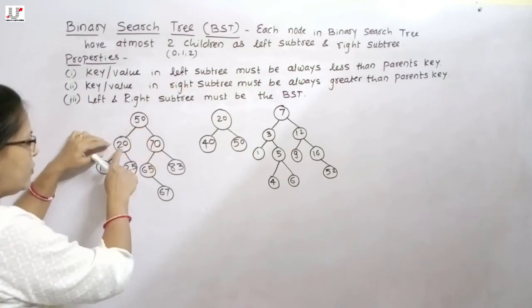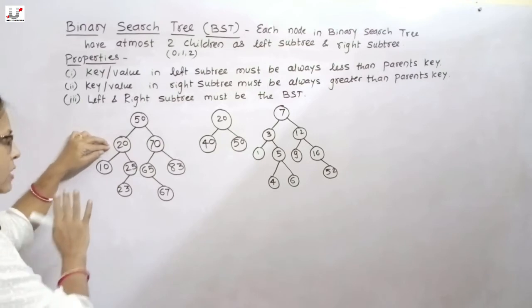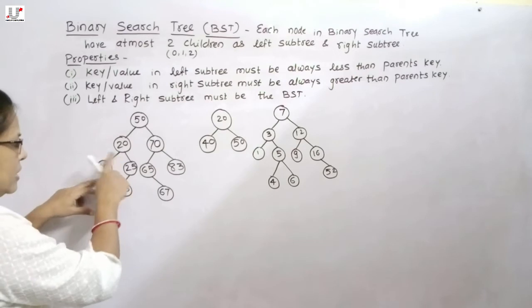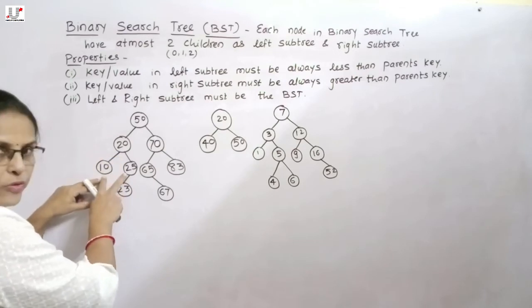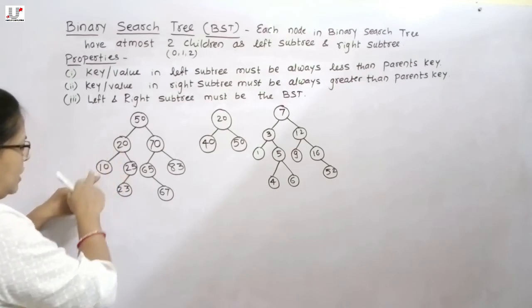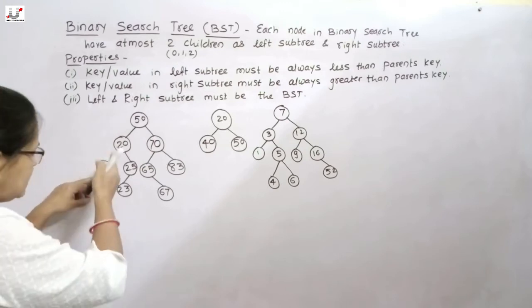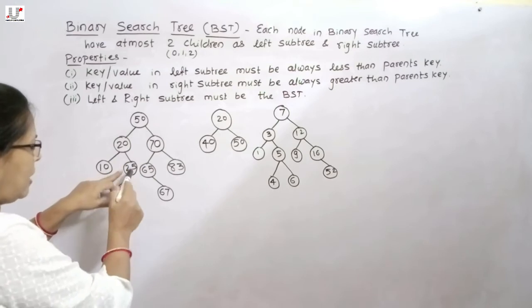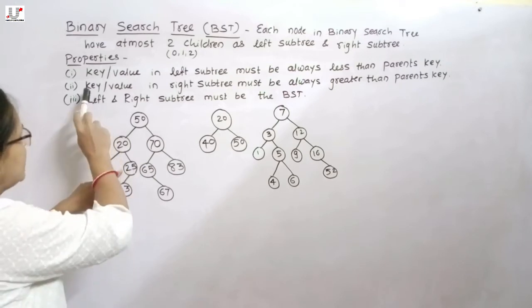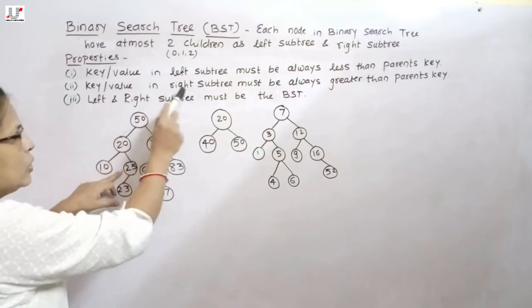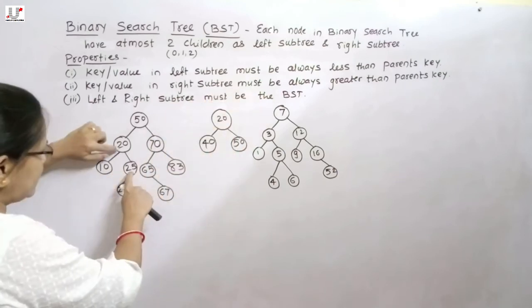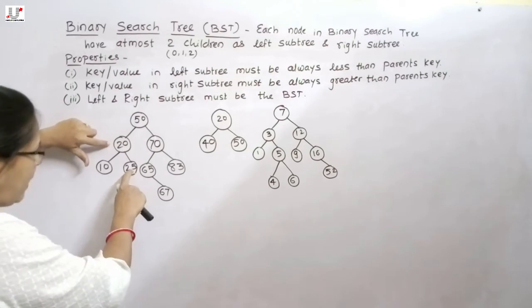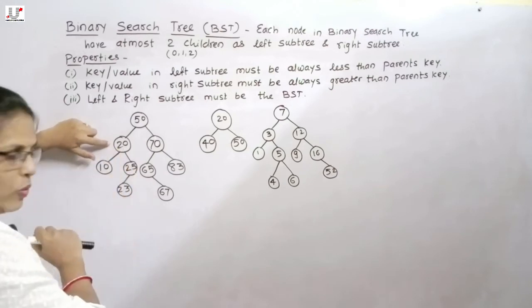Here the parent is 50 and 20 is smaller than 50, so it satisfies the property. Again, 20 is the parent for 10 and 25. To the left of 20 is 10, so it is smaller than that parent key. As for 25, it follows the property that the value in the right subtree must always be greater than the parent key. 25 is greater than the parent key 20.